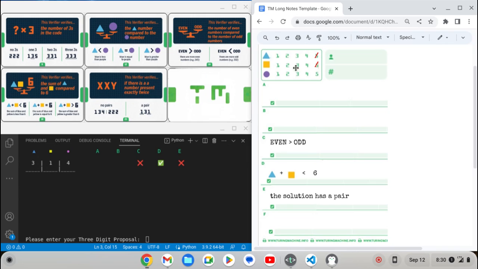What about criteria card B? What if triangle and circle were equal? So it could be something like 4, 1, 4. But it could also be 2, 1, 2. So what if they were equal?